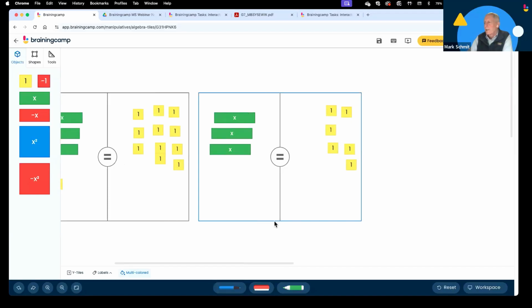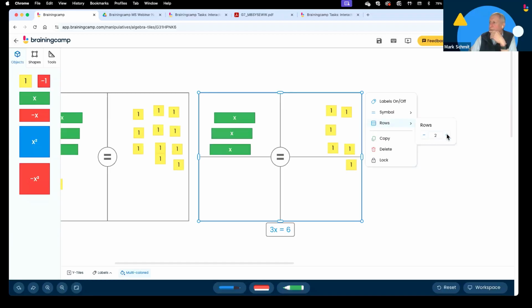So now what do I have here? I'm going to click on there, and I'm going to turn the label on. I have 3x equals 6, but I want to solve for 1x, right? So to model that division by the coefficient, I'm going to add rows.